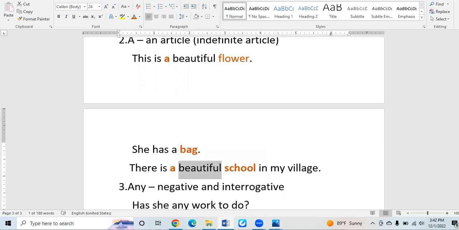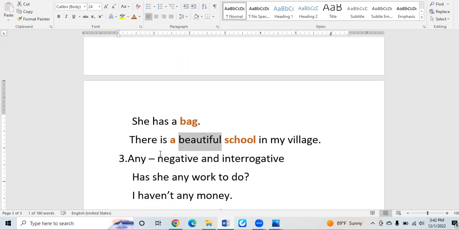Okay. And then whenever you are using any in a sentence, you have to be very careful, because any we can use only in interrogative sentences, that is questions, as well as in negative sentences. Remember that any is a determiner.